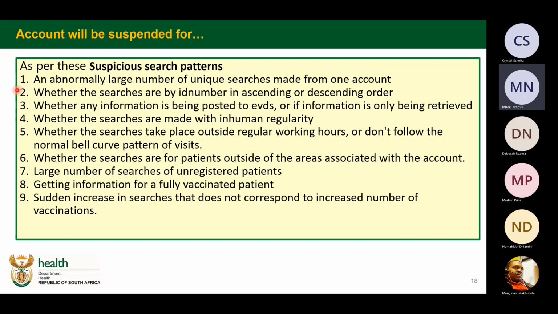So if we see that your searches follow a particular pattern such as ascending or descending order, then that would look suspicious. You would really expect people that have got ID numbers in their ascending order meeting at a particular health facility in that particular order. It's highly unlikely, so that would warrant an investigation.